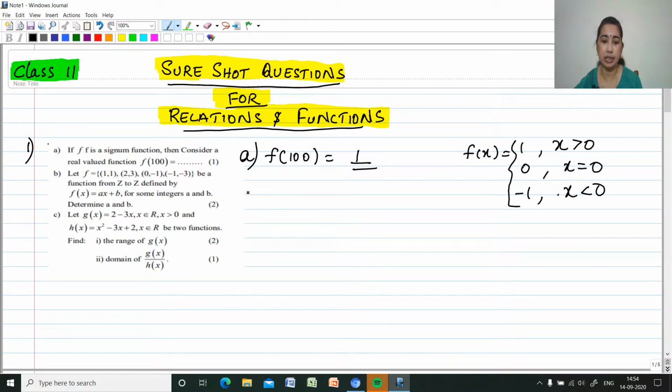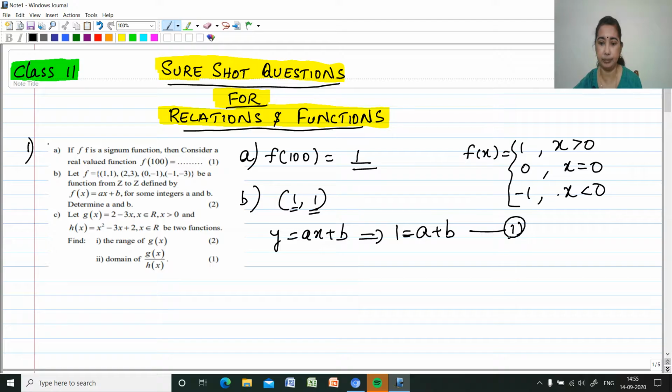So here, considering the first ordered pair, that is (1, 1), the first one represents x and the second one represents y. It is given that y is equal to ax plus b. If x equals 1, y is also equal to 1. So this equation becomes 1 is equal to a plus b. That is equation number 1.